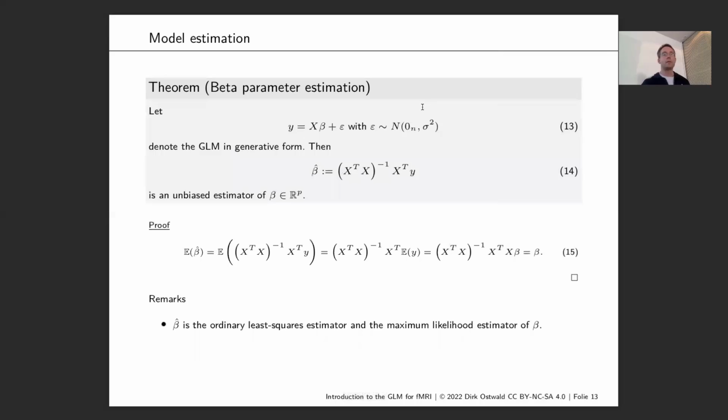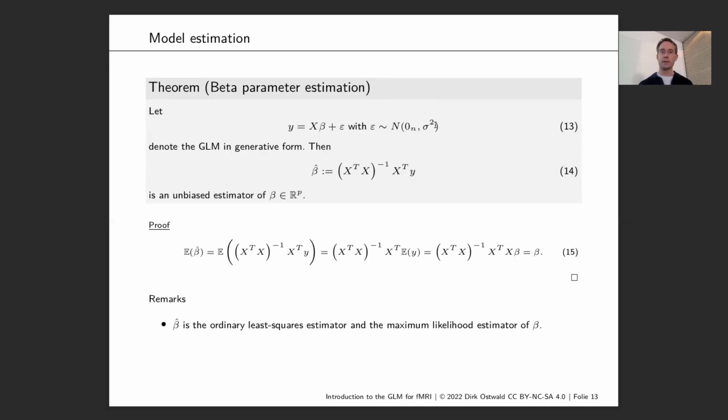Now, one fundamental result, also called the Gauss-Markov theorem in the theory of linear models, is that this thing here is an unbiased estimator of the true but unknown beta parameter. So what do we have here?